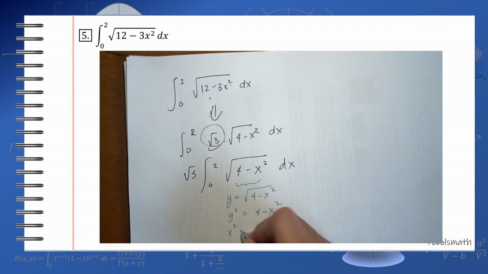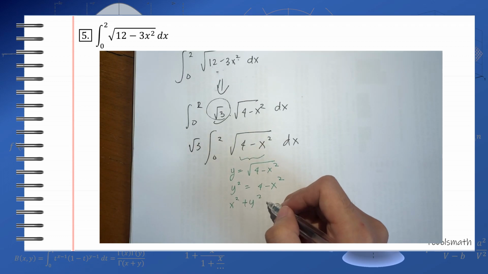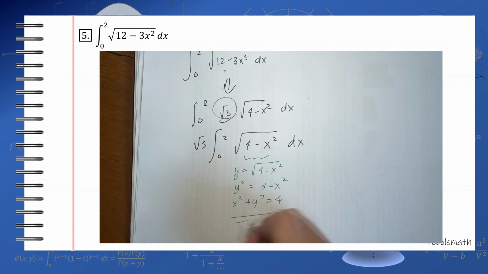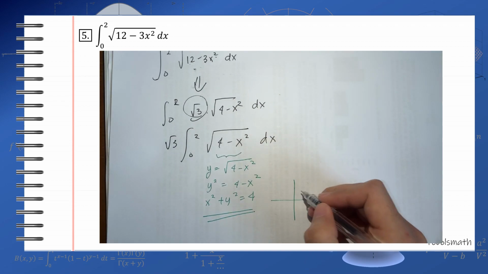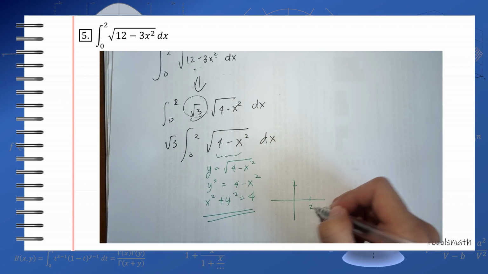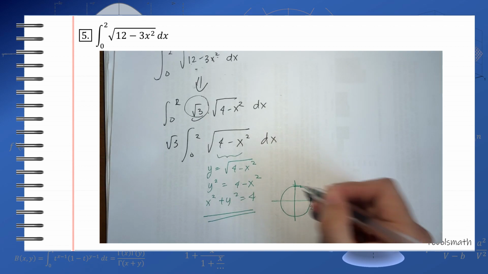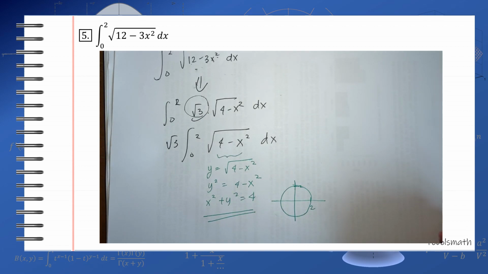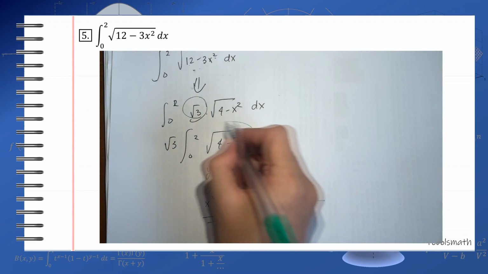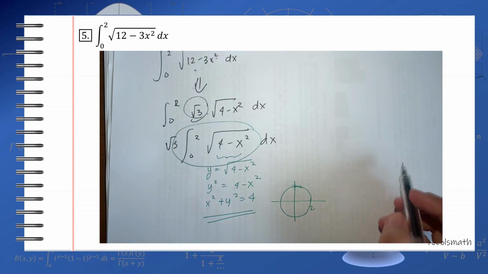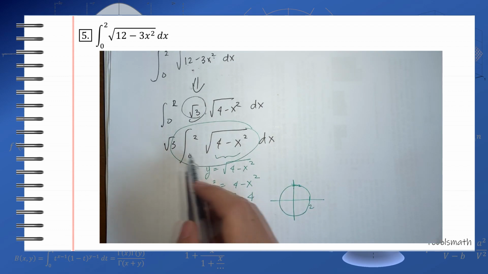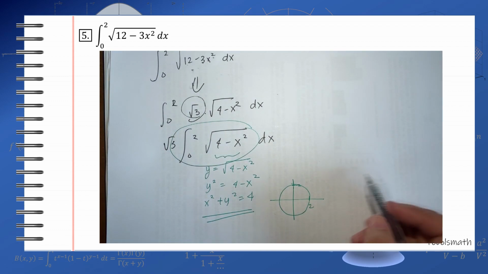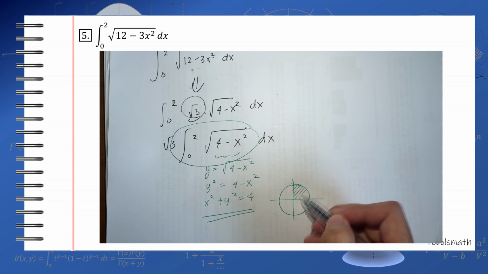So that's x squared plus y squared is equal to 4, which is the equation of the circle centered at the origin and with radius 2. So this integrand tells you that you are looking for the area under this circle from 0 to 2, which is this part.